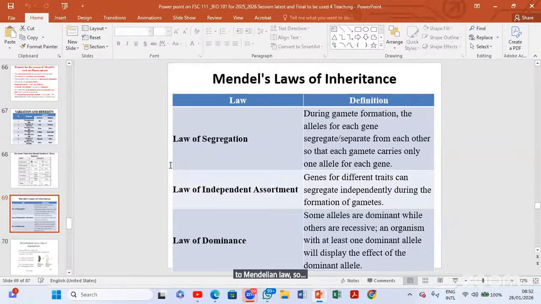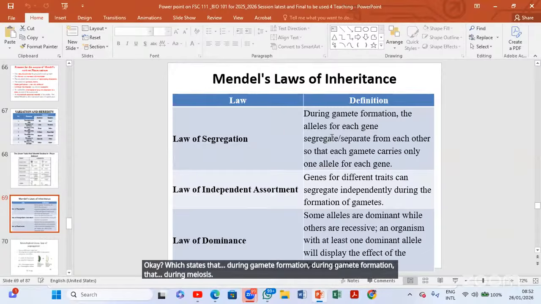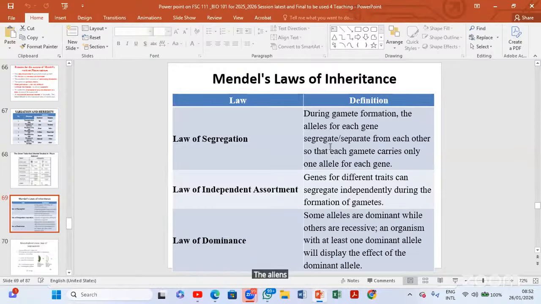So the first law is the law of segregation, which states that during gamete formation, during meiosis, the alleles for each gene segregate. That is, they separate from each other so that each gamete carries only one allele for each gene.